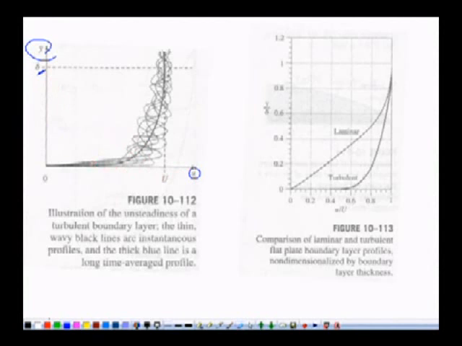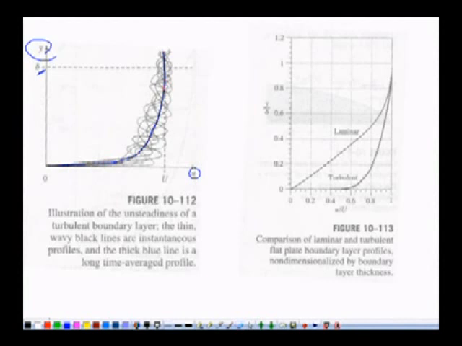Since we know that turbulent flow is unsteady in nature, at a given instant if we observe, we will find these are the velocities at a given location, and at a different time we will find different ones. But if we do the averaging, then we will get this thin line.